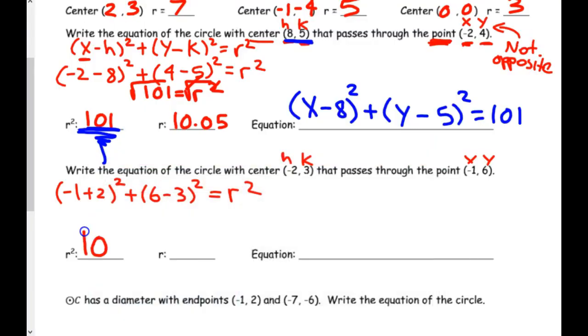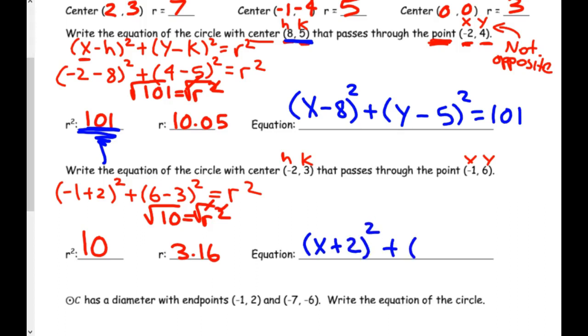And the square root of 10 is 3.16. And now I can use that to get my equation like we did last time. x plus 2 squared plus y minus 3 squared equals r squared, which is 10.